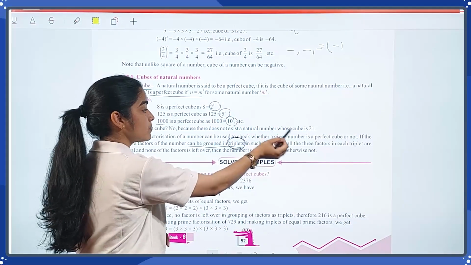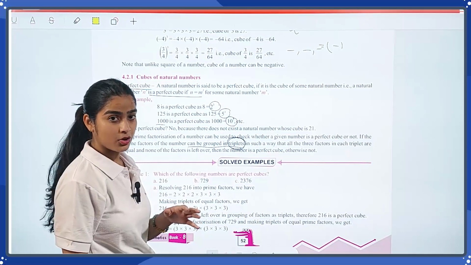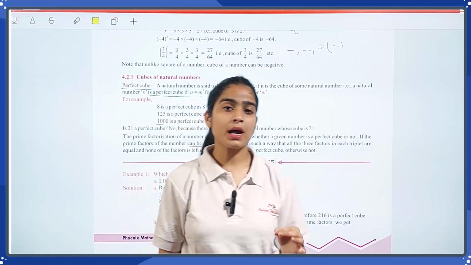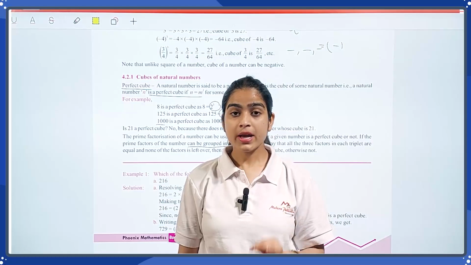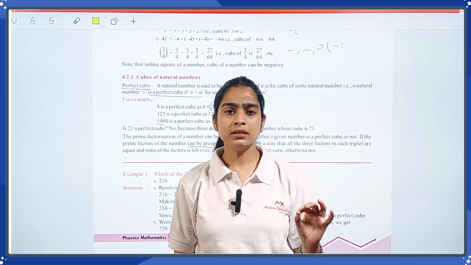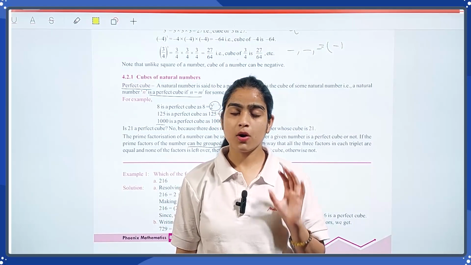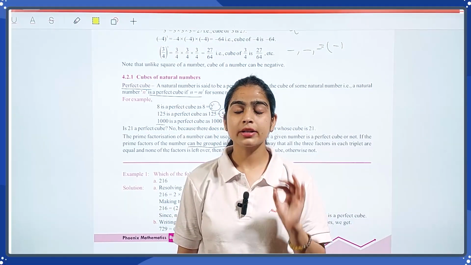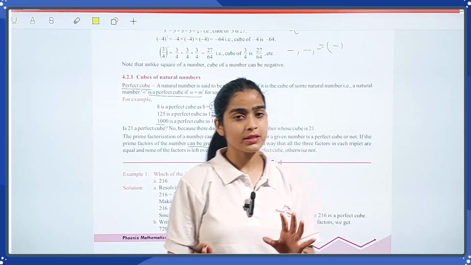Then the number is a perfect cube, otherwise not. It means according to the prime factorization method, if we are able to make triplets, then the number is a cube in itself, otherwise it is not a cube. I hope students this is clear to you.